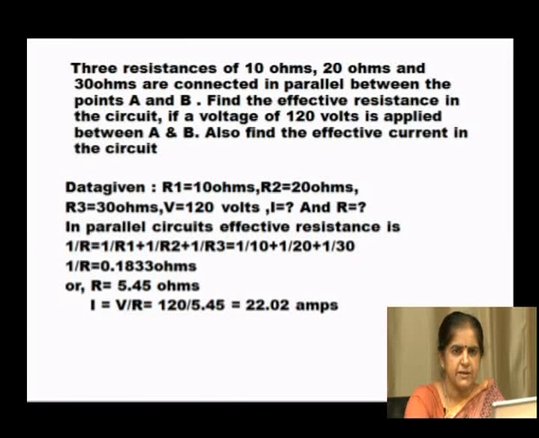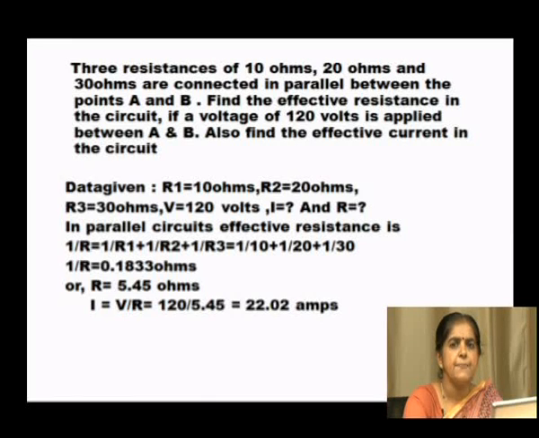So, 1 by R is equal to 0.1833, but it is not R, it is 1 by R, that is the reciprocal of the resistance. So, to get the value of resistance, 1 divided by 0.1833 gives you 5.45 ohms.